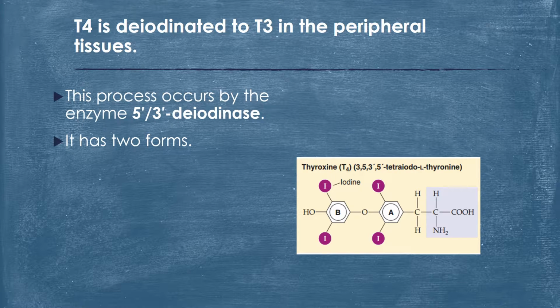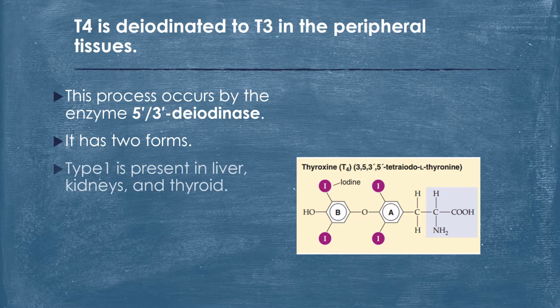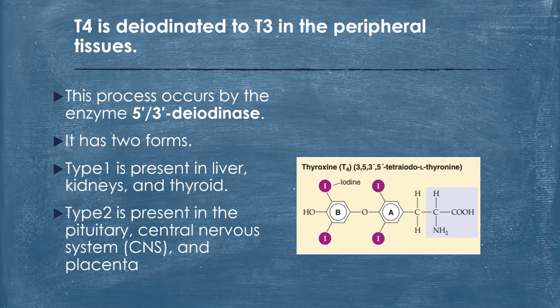So this enzyme has two forms or two types. We have type 1. This type is present in the liver, in the kidneys, and in the thyroid. In the thyroid, as we've said, its main function is in the recycling. And type 2 is present in the pituitary, in the central nervous system, and the placenta.